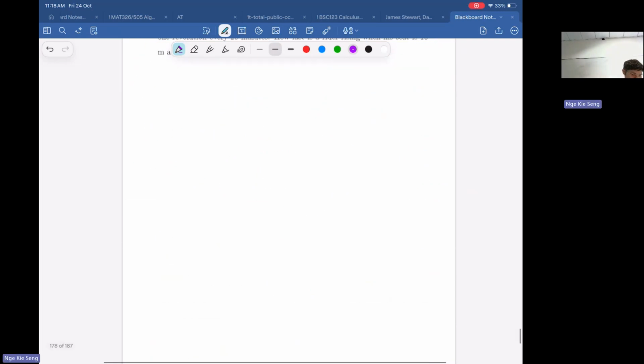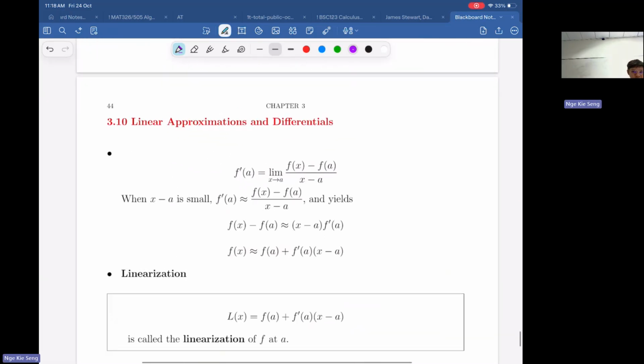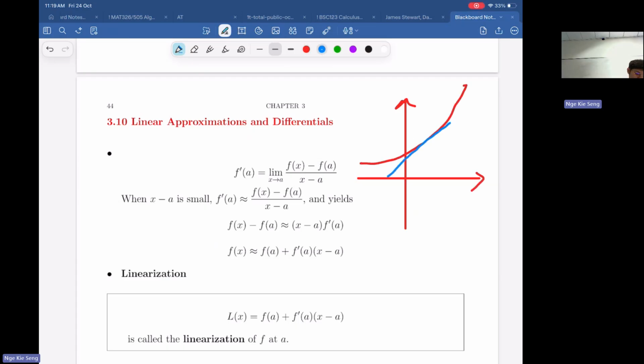All right, let's continue to this one. This is the very last part, chapter 3: linear approximation. So what's the idea of linear approximation here? The idea is you have a curve, and then you have a tangent line drawn here.